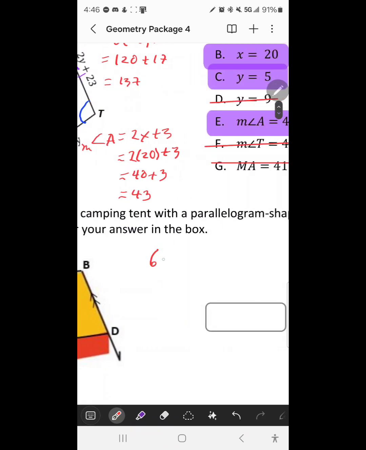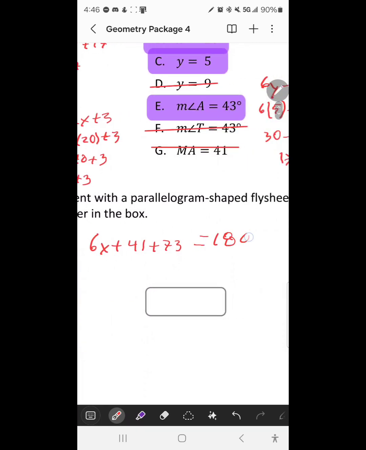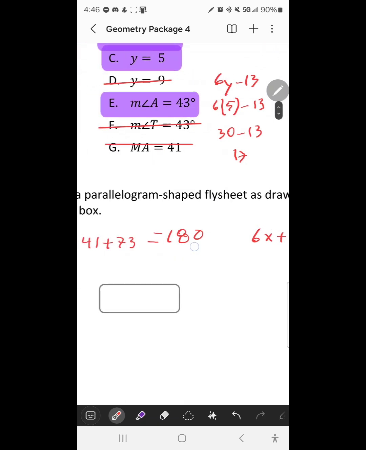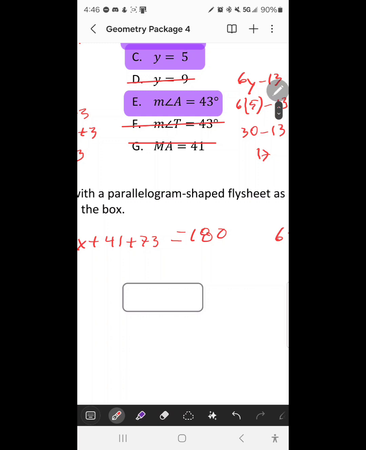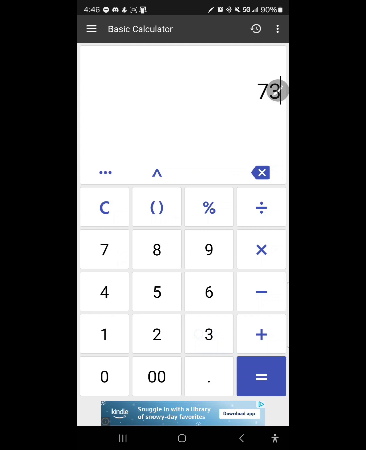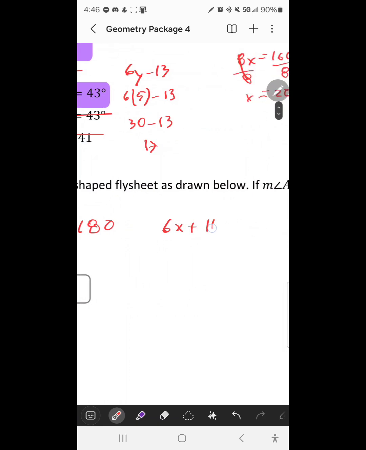So I just need to say 6x plus 41 plus 73, because it's the value of the other angle, equals 180. So 6x, we keep the value, plus 41 plus 73 is 114. Yes, 114 equals 180.